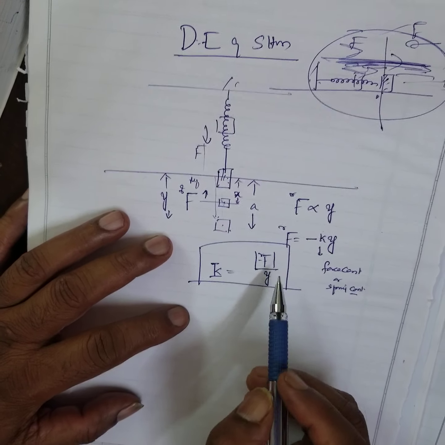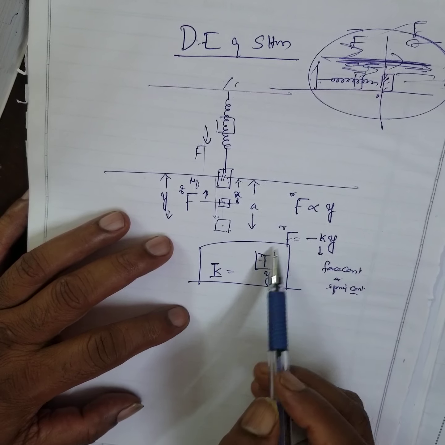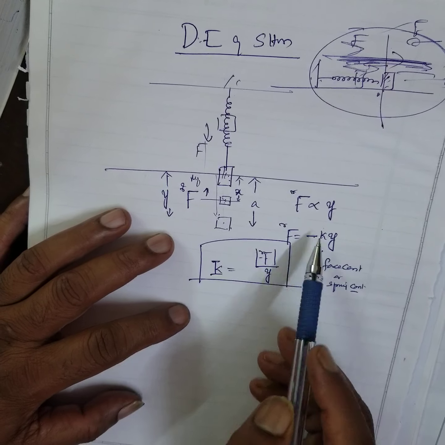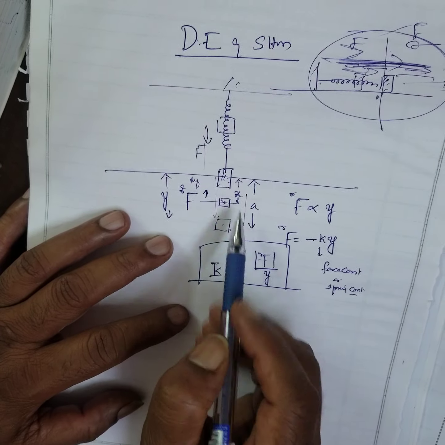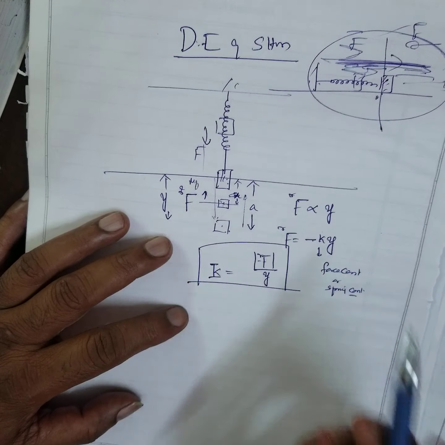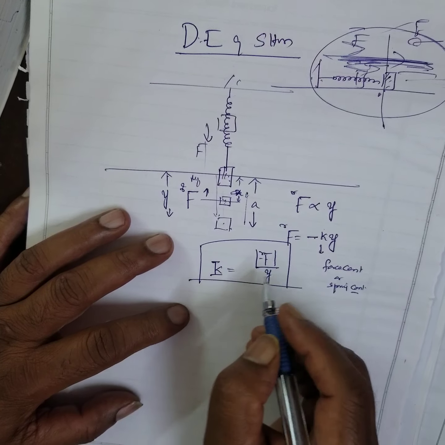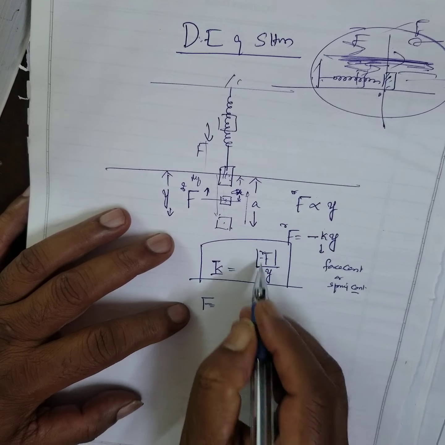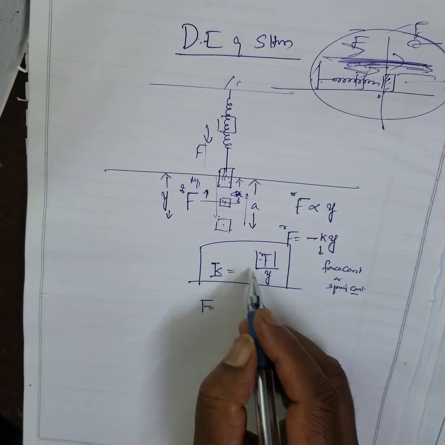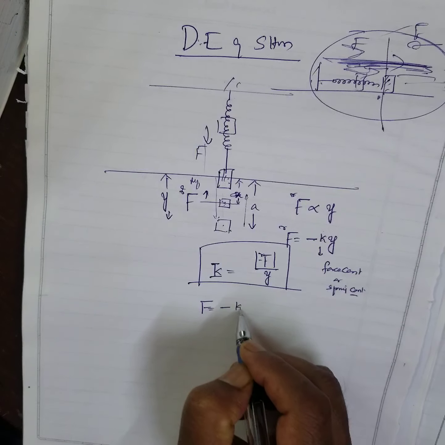The negative sign shows that the force is opposite to the displacement. The displacement is in this direction, y, but the force is opposite. Therefore, I write F is equal to minus k y.